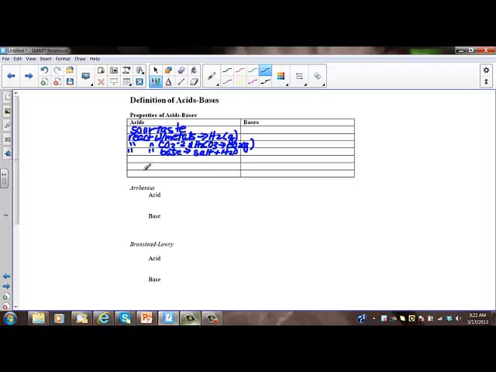They turn blue litmus red. One thing that might be important for the AP exam is they also turn methyl orange red. It's like one of those weird indicator questions.